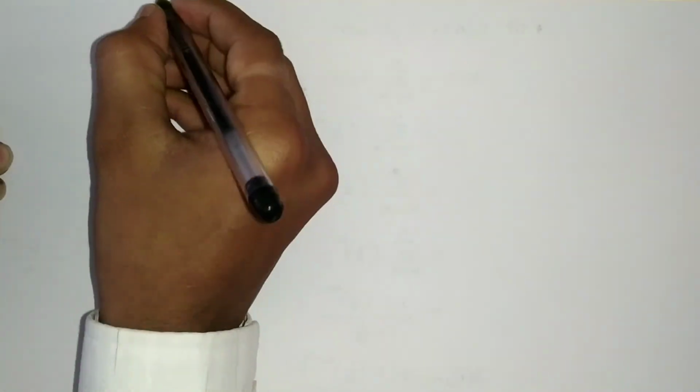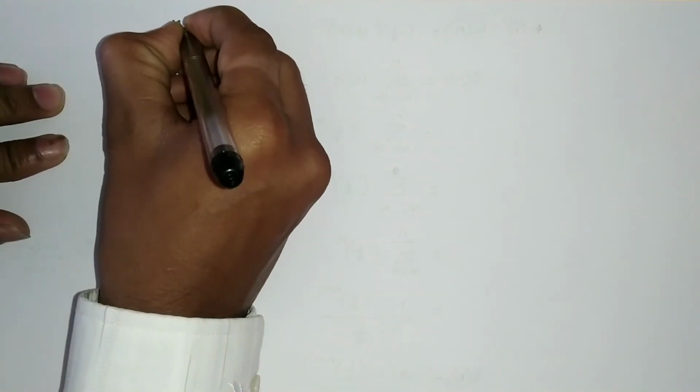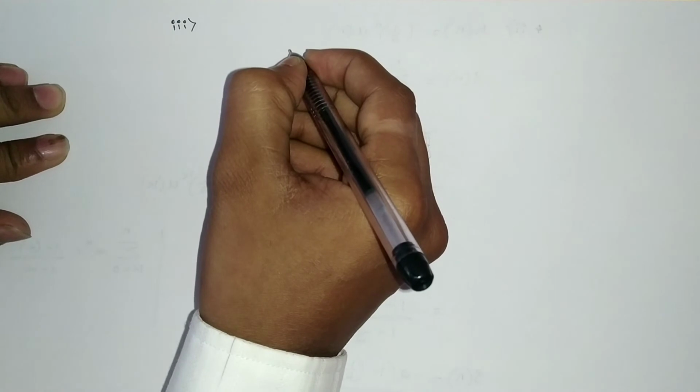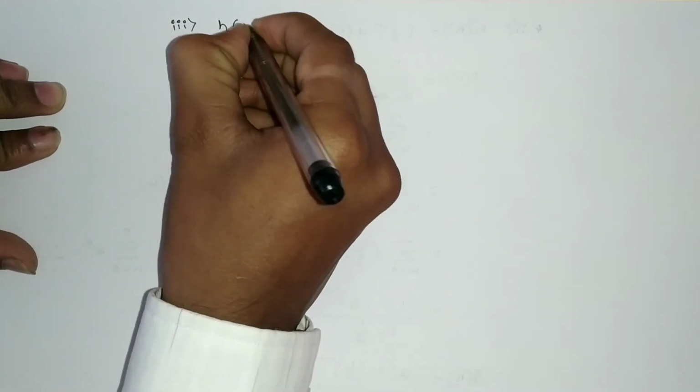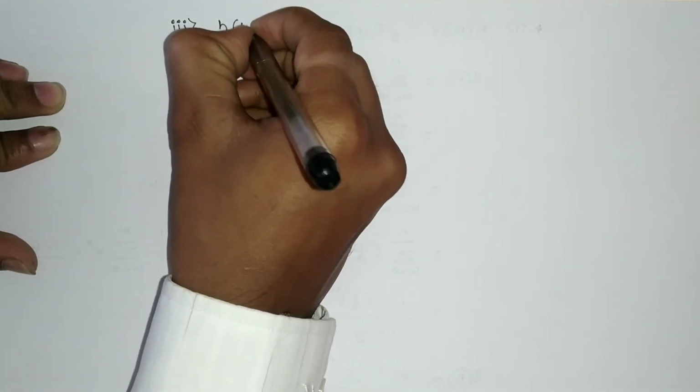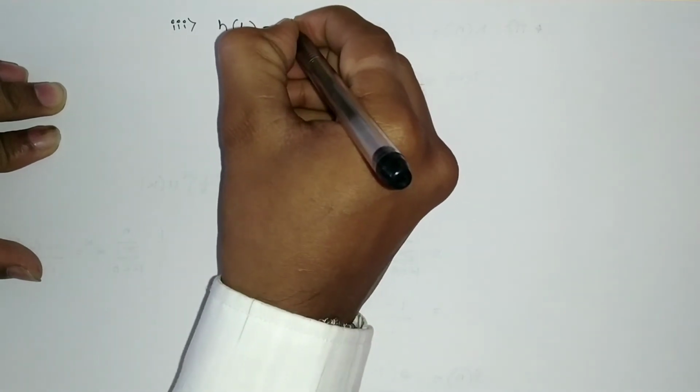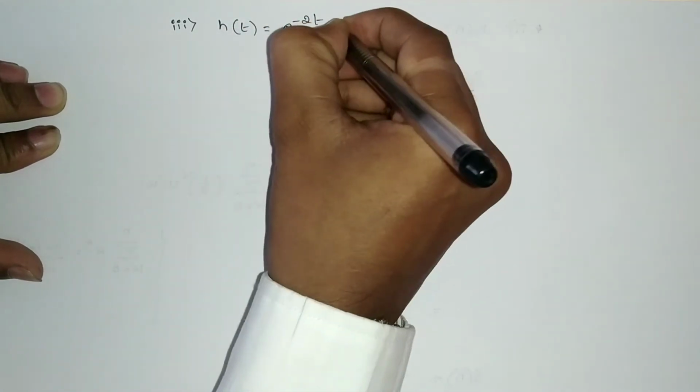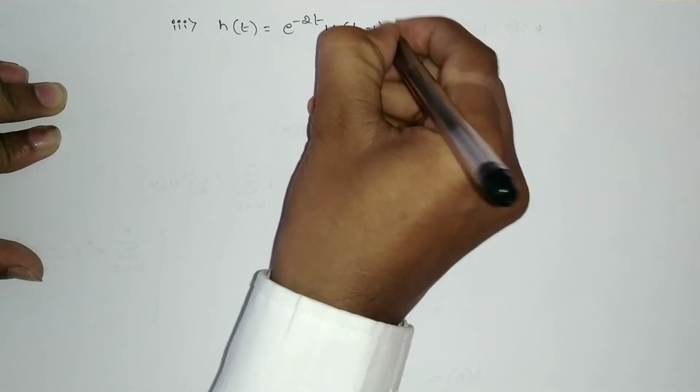If we consider continuous time unit step response, let us consider a problem. Impulse response h of t is given by e power minus 2t into u of t minus 1.